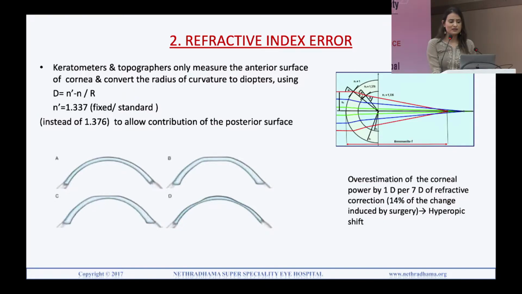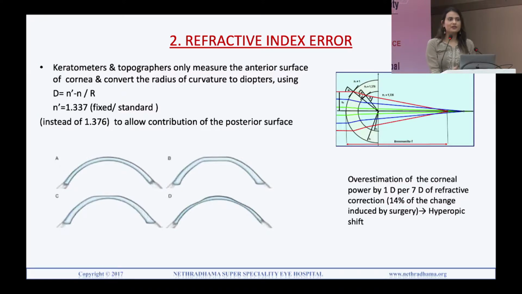They use the fixed or standard refractive index of the cornea, 1.337, which is not the real refractive index of the cornea, 1.376. This standard index is used in most keratometers because it allows for the contribution of the negative posterior surface to the total corneal power, so it has become the standard.